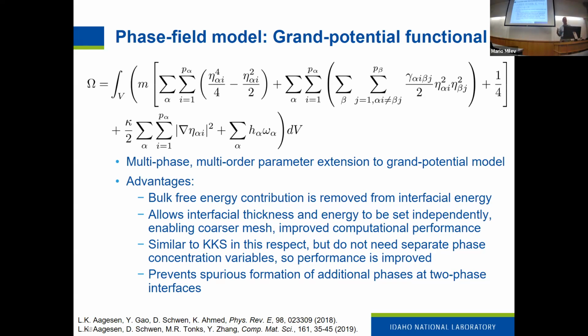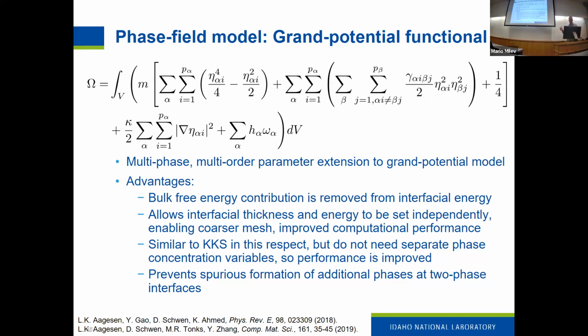Some of the advantages of this model: like I said, we can separately control the bulk energy and the interfacial energy, which allows us greater flexibility in controlling the surface energy and the grain boundary energy. Decoupling the interfacial energy from the bulk energy also allows us to independently control the interface thickness.